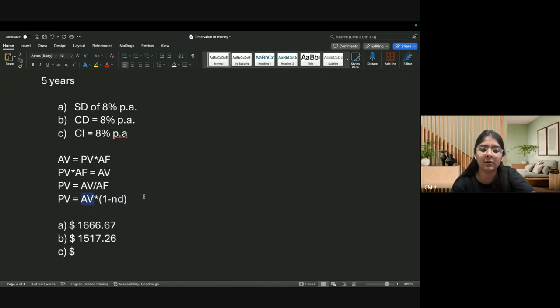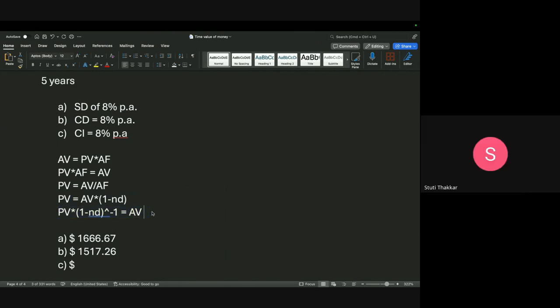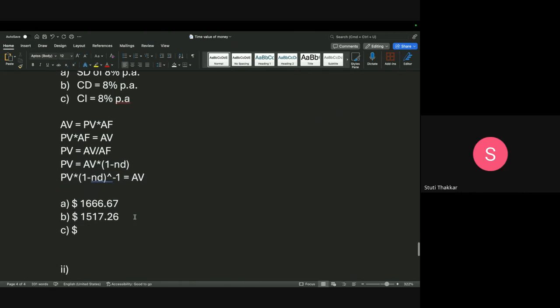So PV into 1 minus ND raised to the power minus 1 will give you AV. We have done this only. You can either solve 1 minus 5 into 0.08 here, and then whatever you are getting, you can simply divide 1000 by it. But essentially, you are doing this only, right? Understood? Okay.